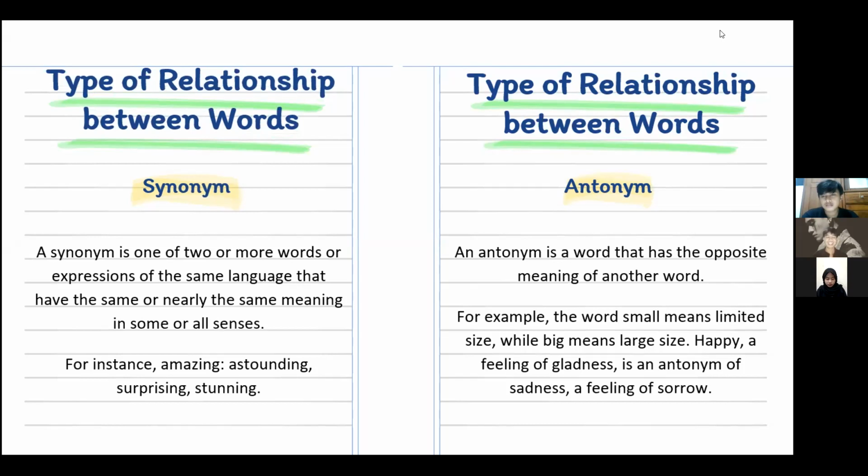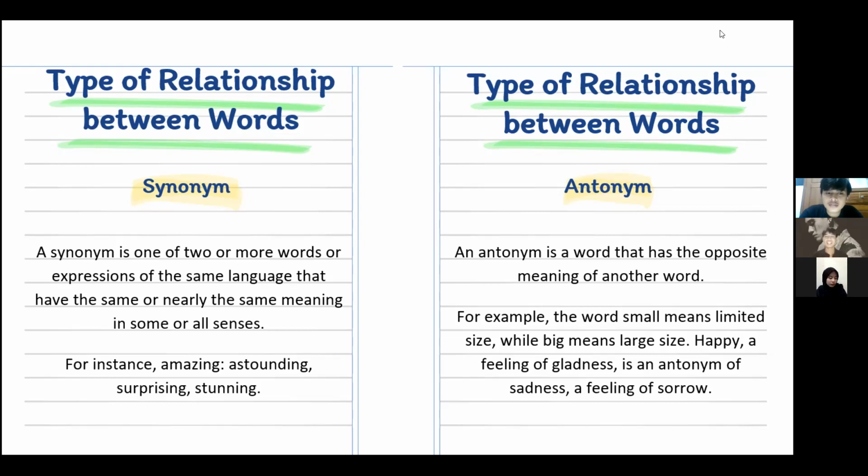For instance, like amazing, astounding, surprising, and stunning. Astounding, surprising, and stunning have a similar meaning with amazing. That means that you really amaze someone or something.